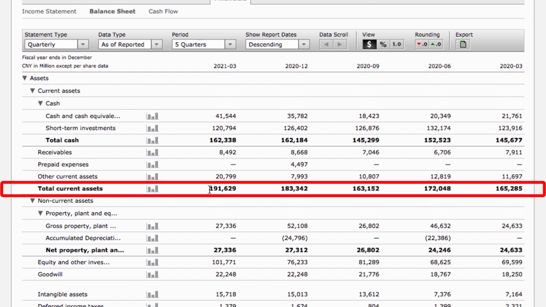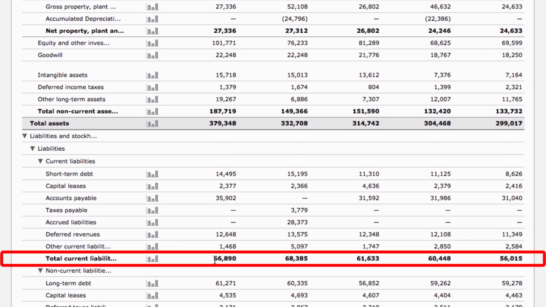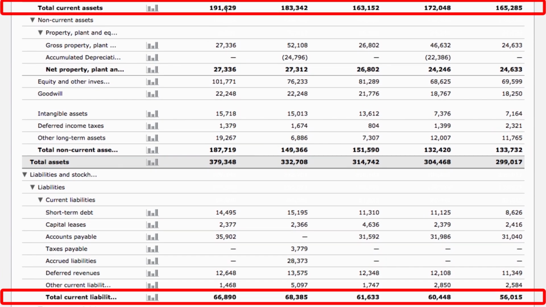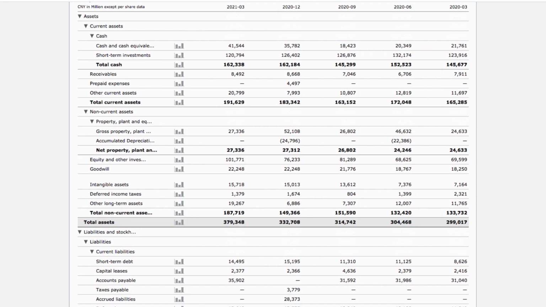Here it is, 191 billion Chinese yuan. And we look for the total current liabilities of only 66. So we want current assets to be bigger than current liabilities, which it is, and it's significantly bigger, which is great. That's pretty much all we needed to see. I'm happy with that. Let's give that a tick.